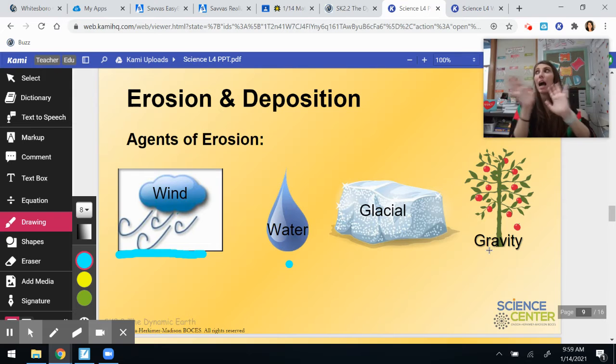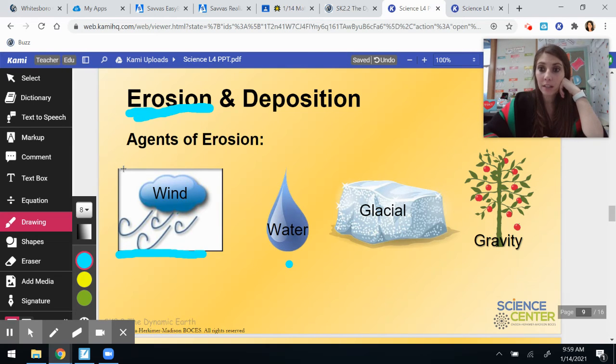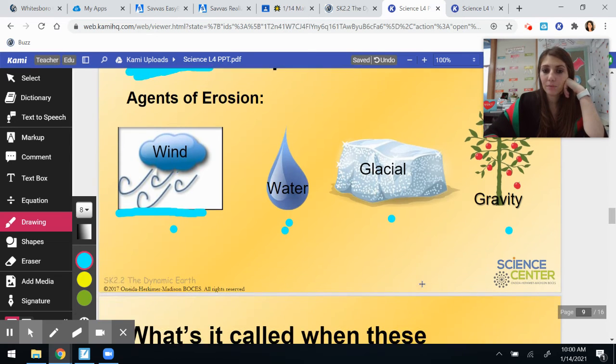If you have rock at the top of a hill or top of a mountain, it might fall down from some movement of the earth and gravity. So the way that sediment can be moved, and remember, sediment being moved is called erosion. So the 4 agents of erosion are wind, water, glacier, and gravity.